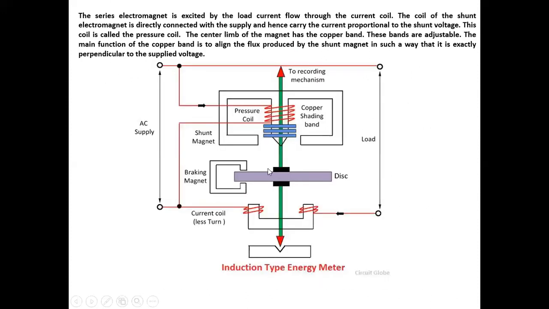We count the number of rotations by the counter, and this is multiplied with the meter constant, that is rotations per kilowatt hour, and accordingly it is converted and the unit is shown on the screen.